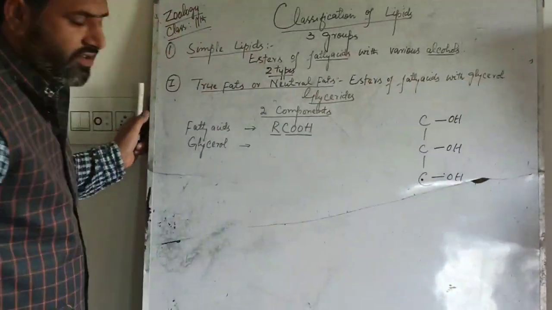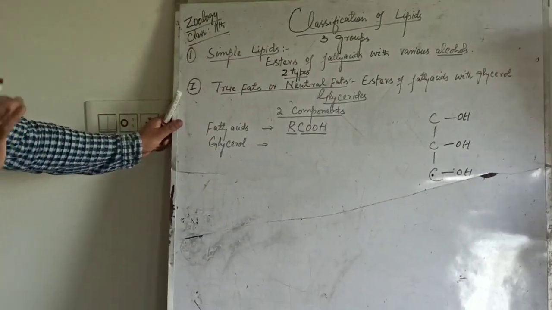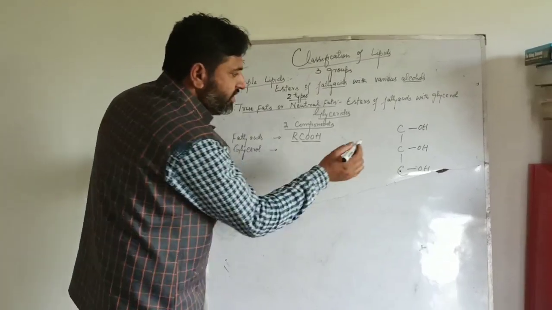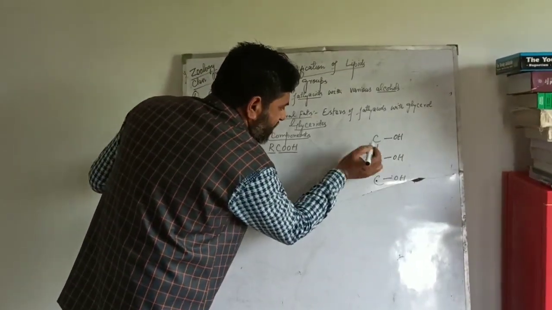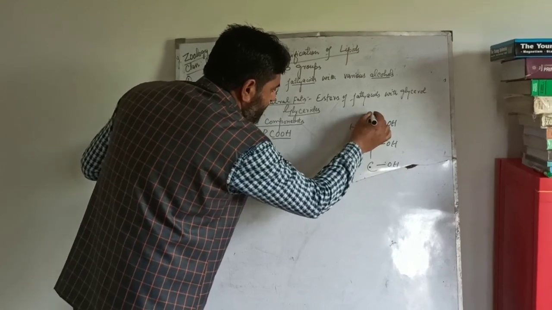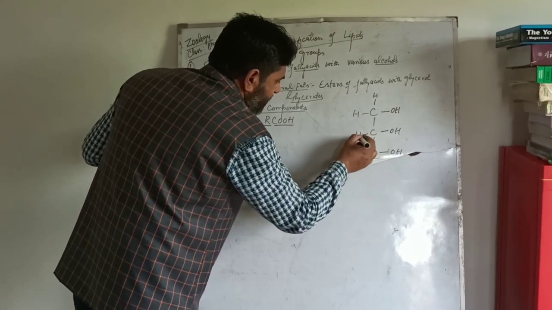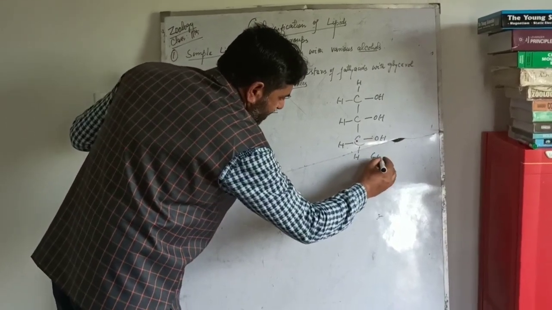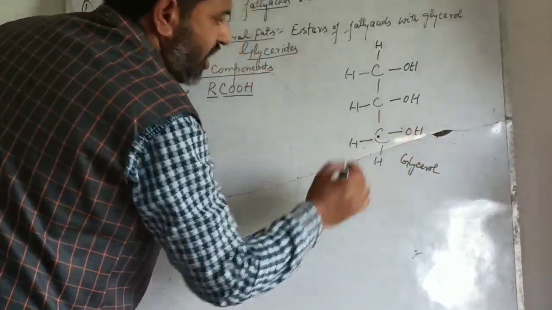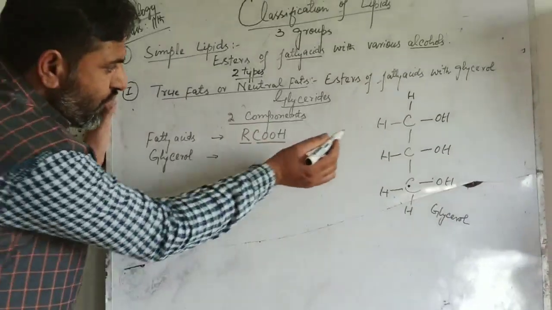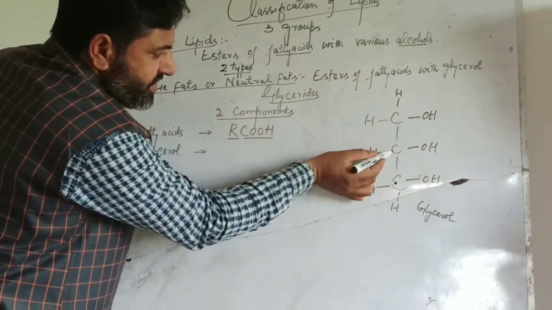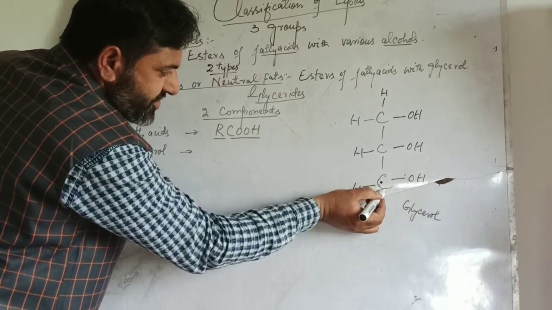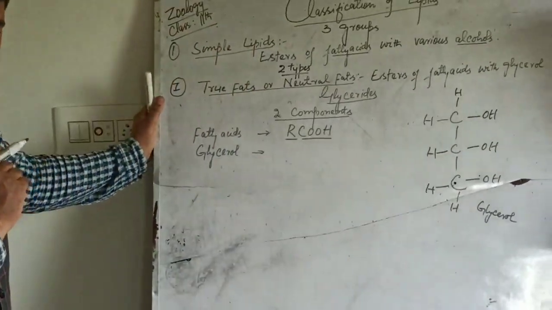The remaining are hydrogen atoms for maintaining the valency. So the structure of glycerol is CH2OH, CHOH, CH2OH.